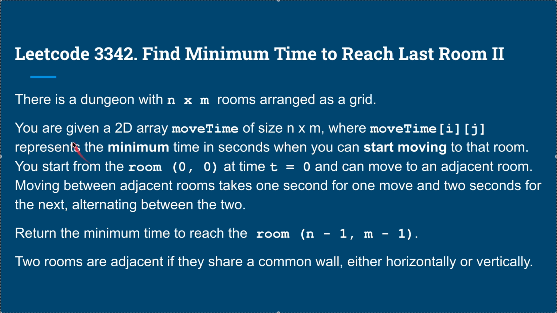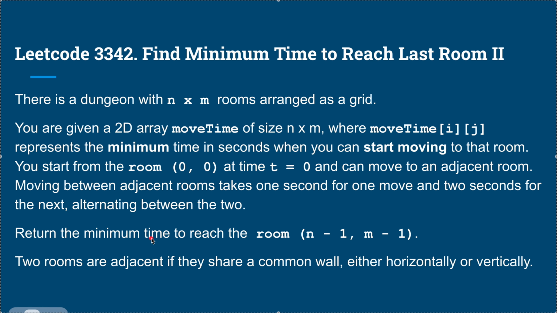So let's continue. There is a dungeon with n cross m rooms arranged as a grid, and you are given a 2D array moveTime of size n cross m, where moveTime[i][j] represents the minimum time in seconds when you can start moving to that room. You start from room (0, 0) at time t equal to 0 and can move to an adjacent room. Moving between adjacent rooms takes 1 second for one move and 2 seconds for the next, alternating between the two.